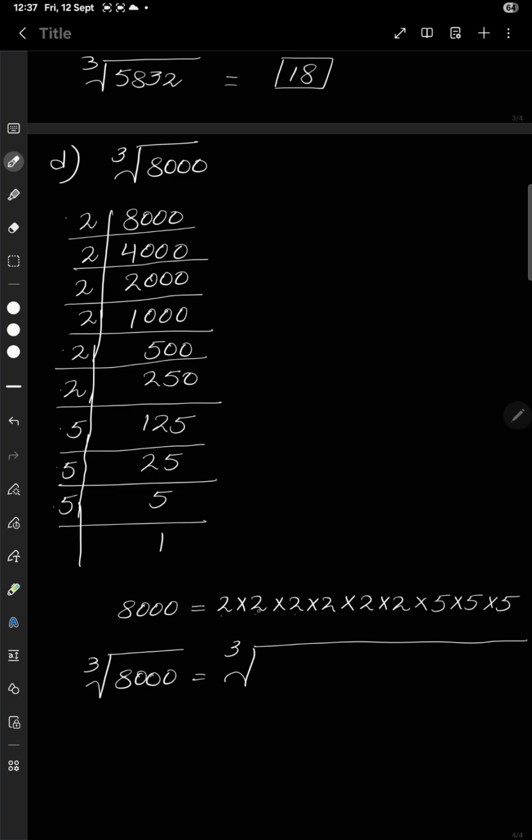These 3 2s will make a 2 cube. Inside the cube root I will write the same answer in cubes. So another 2 cube, and 5 cube.